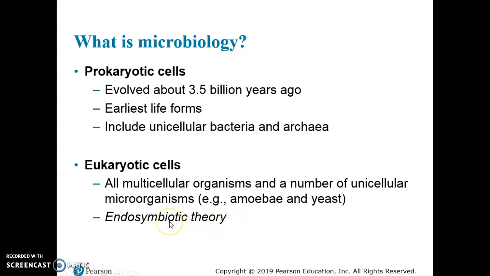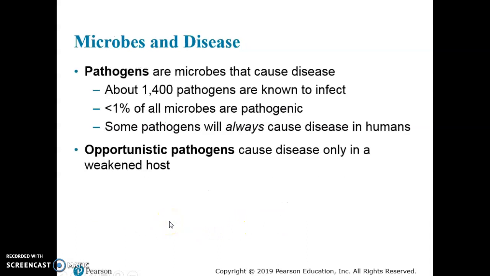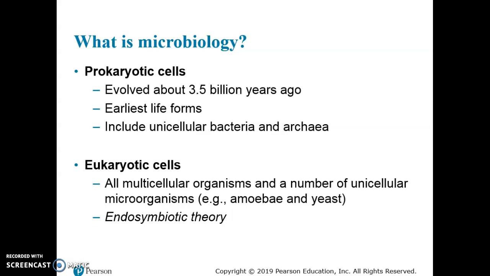And then there is the endosymbiotic theory, which is not something that is found in this chapter, but it is really an idea of how eukaryotic cells could have evolved, with there being a large prokaryotic cell and a small prokaryotic cell.